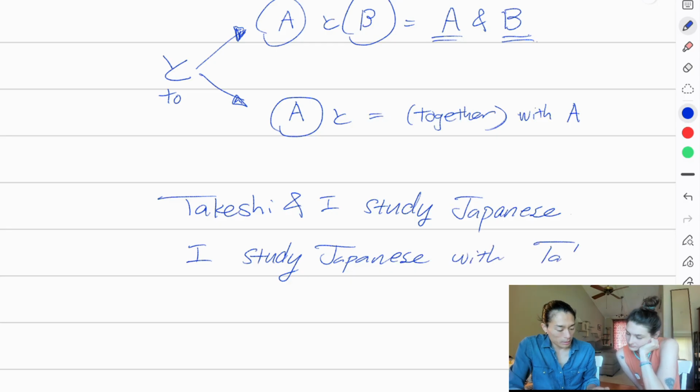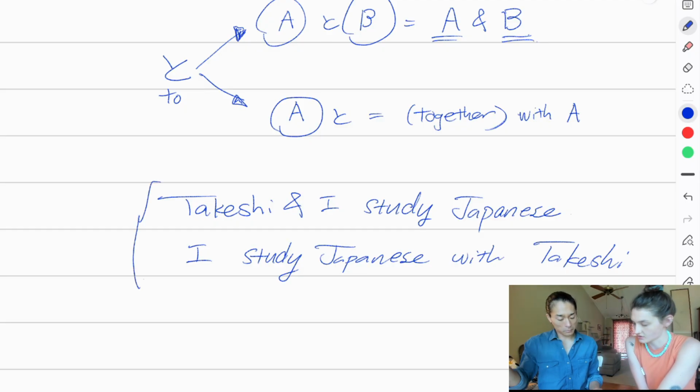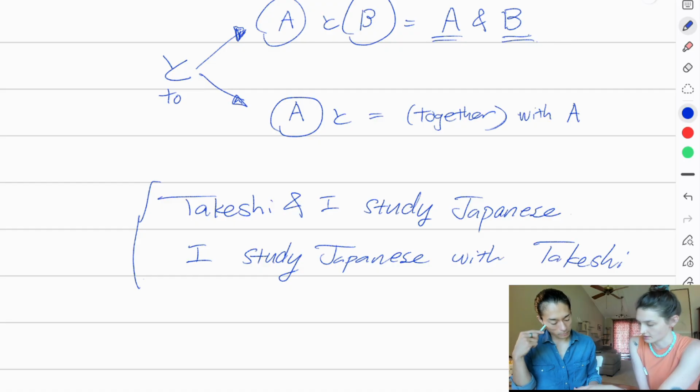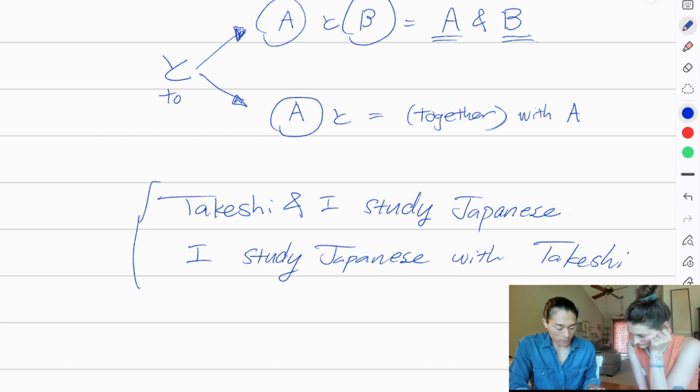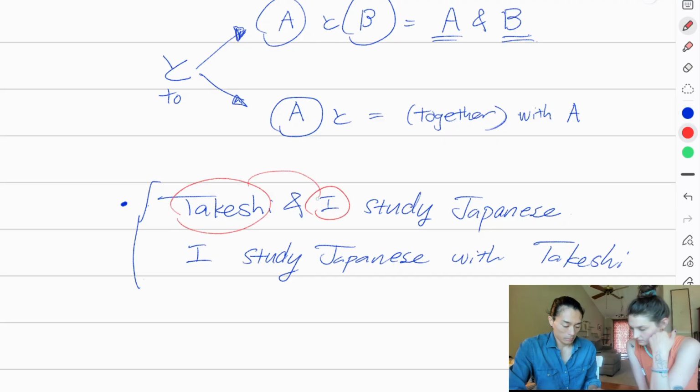What would you say the difference is if you have to? Well, for the first sentence, you're starting with the people, and for the second sentence, the people are sandwiched in the topics in the middle, or the subject of what's going on. Okay, let me ask you this question: who are the subjects in the first sentence? Takeshi and I. Good. So these two are subjects of studying Japanese, right?